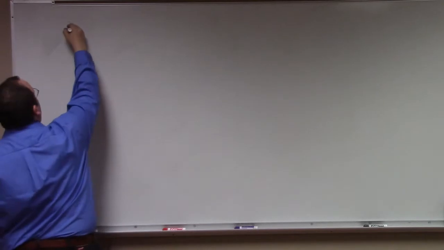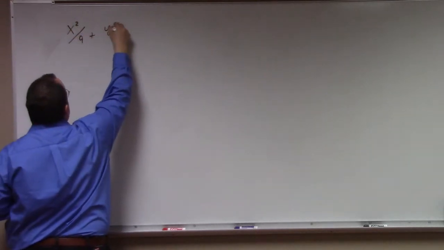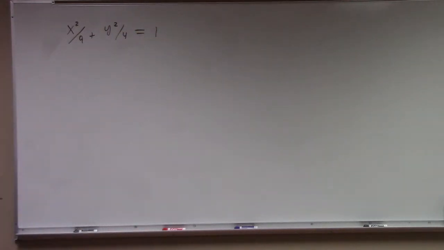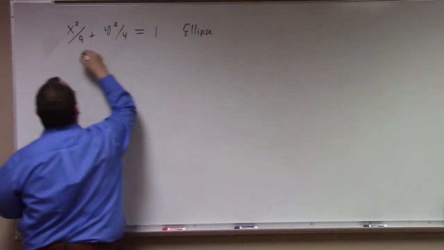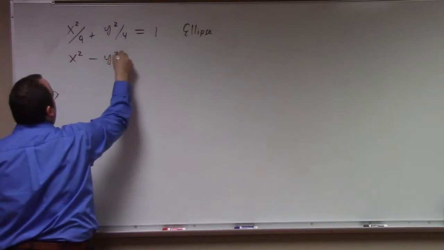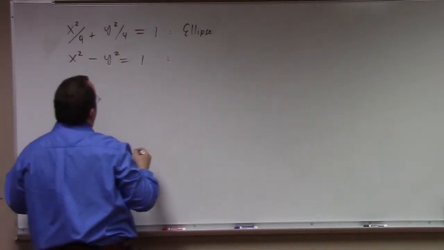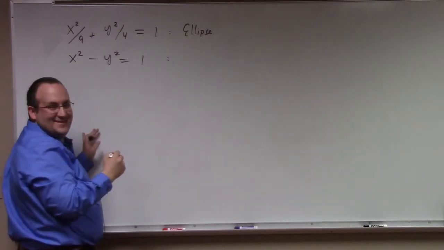You know how to do things like, if I give you x squared over 9 plus y squared over 4 equals 1, everybody can tell me the solution set is an ellipse. Very good. And if I say x squared minus y squared equals 1, everyone would tell me it is a circle? No. Try again. Hyperbola, yes.